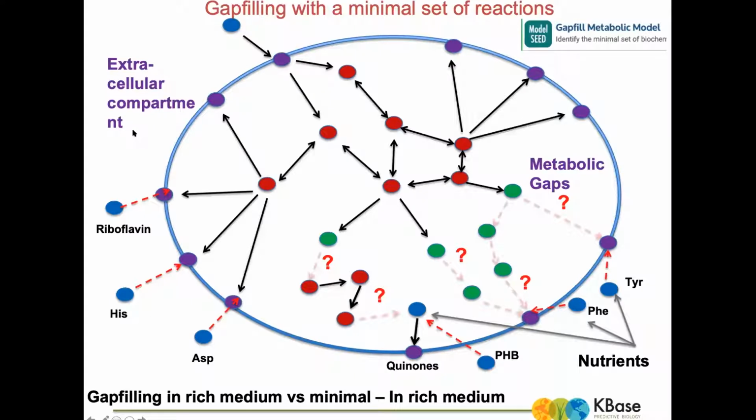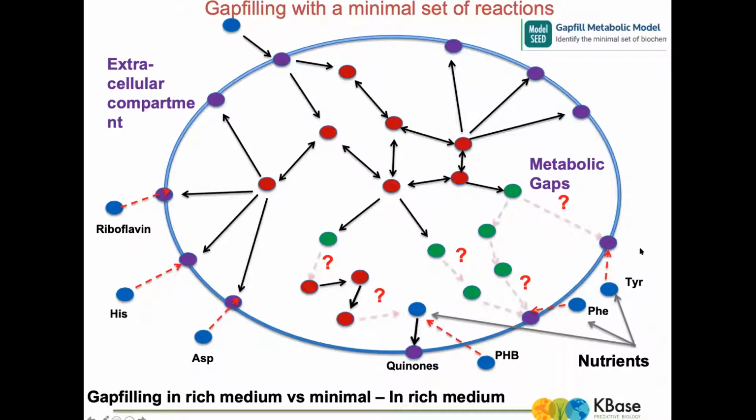Let's take a couple of scenarios of how we gap fill a metabolic model. The gap filling is entirely dependent on its medium. I'm giving these scenarios of how we gap fill in rich medium versus minimal medium.